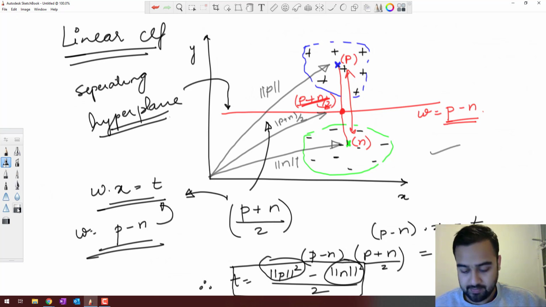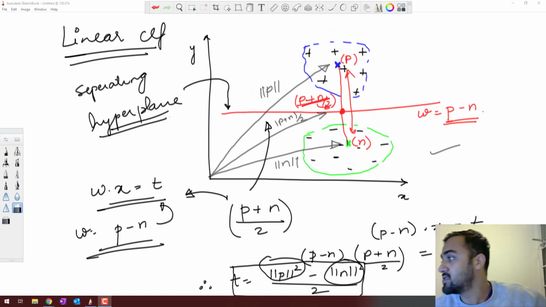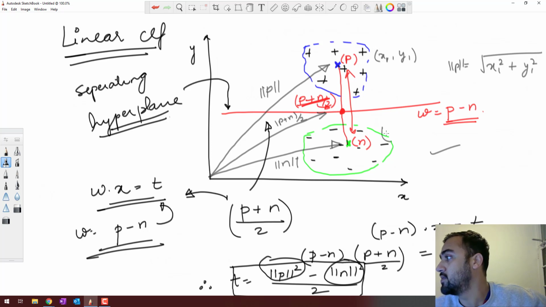This is because let's say if our P is denoted by x1 comma y1, therefore the length of P would be equal to root of x1 square plus y1 square. Similarly, if this is x2 and y2, the length of N would be equal to root of x2 square plus y2 square.